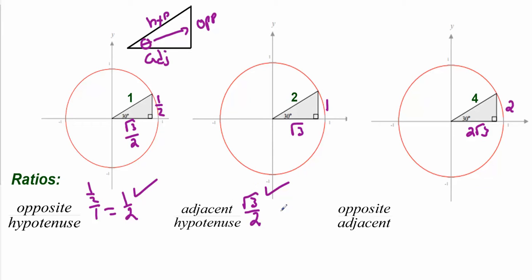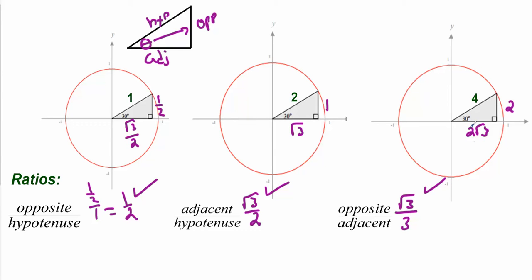It shares the same ratio. When I do opposite over adjacent, that's 1/2 over radical 3 over 2, and when I simplify that, I'm going to get radical 3 over 3. Remember, we don't have radicals in the denominator. So when I do 2 over 2 radical 3, that's just 1 over radical 3. We simplify it. All right? So all these will be the same.